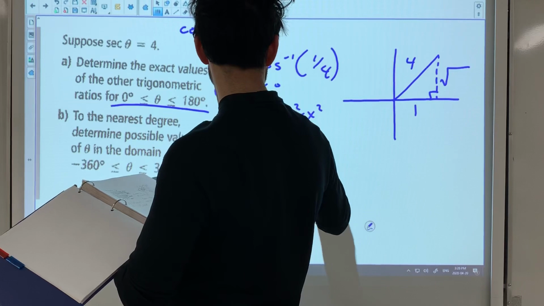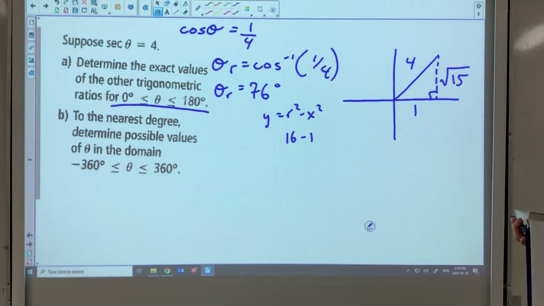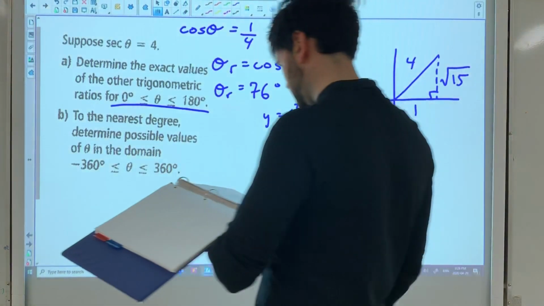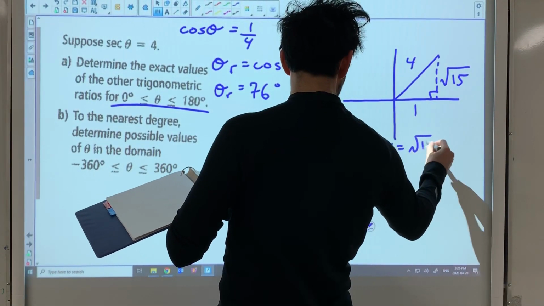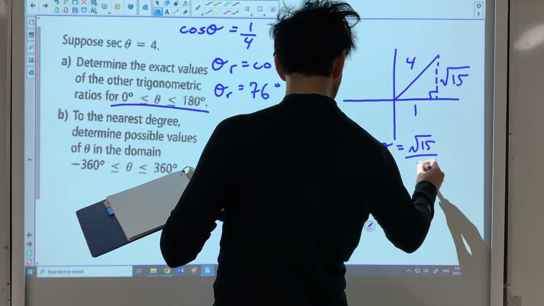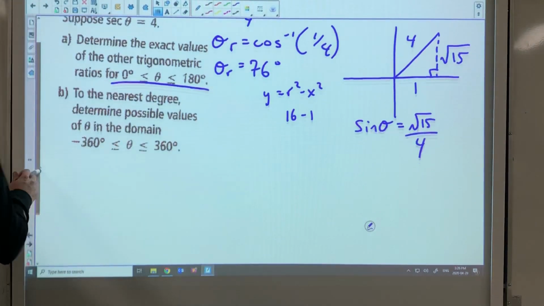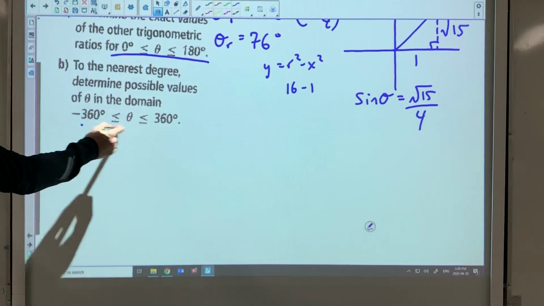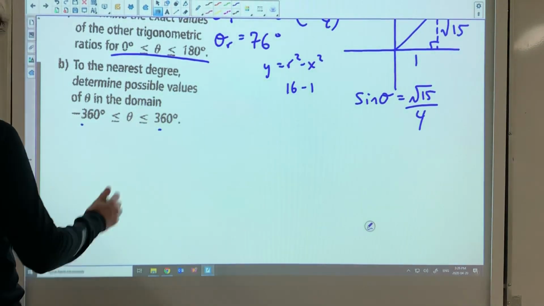So you get 16 minus 1, so you get the square root of 15 for y. So it asks you for the trig ratios. You'll get sine theta is square root 15 over 4. And then you can find the other ones. Good enough.